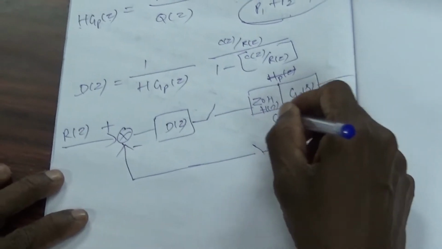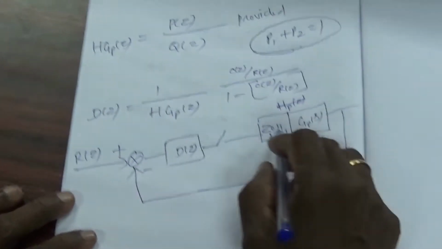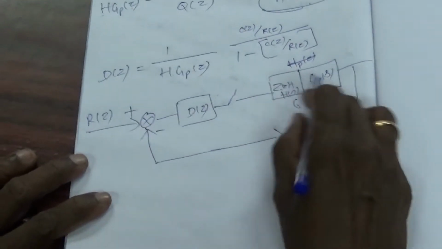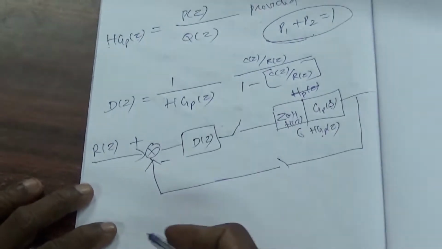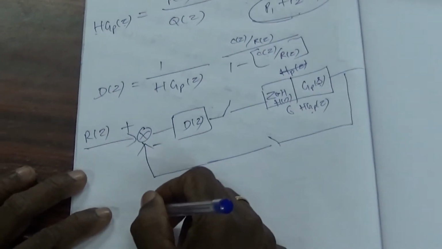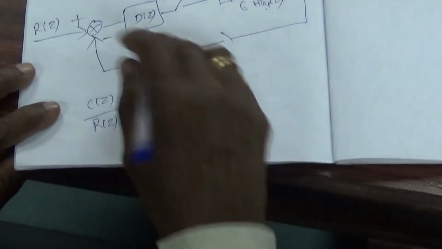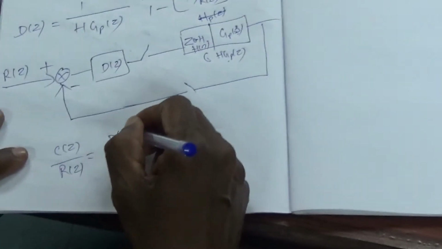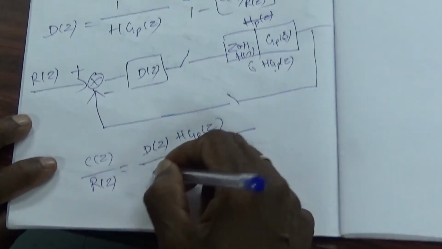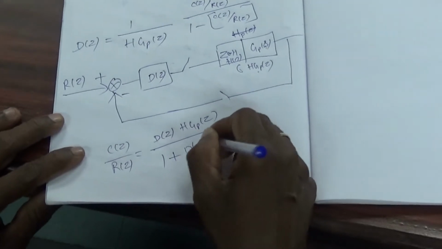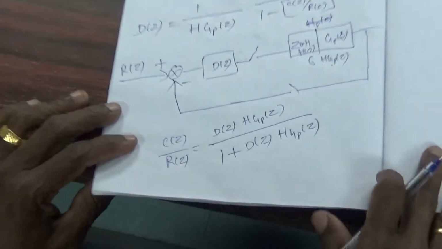Already we have seen that we have to multiply these two in S domain, then we have to find Z transform. Therefore this is HGP of z. Therefore the closed loop transfer function C of z by r of z can be written as forward path transfer function, that is d of z HGP of z whole divided by 1 plus d of z HGP of z. This is the closed loop transfer function.